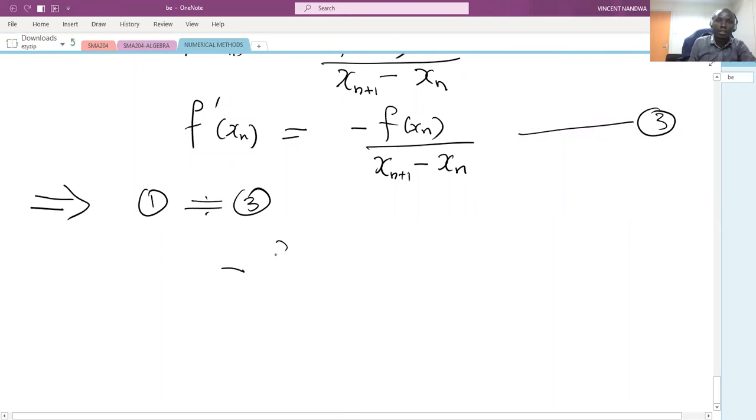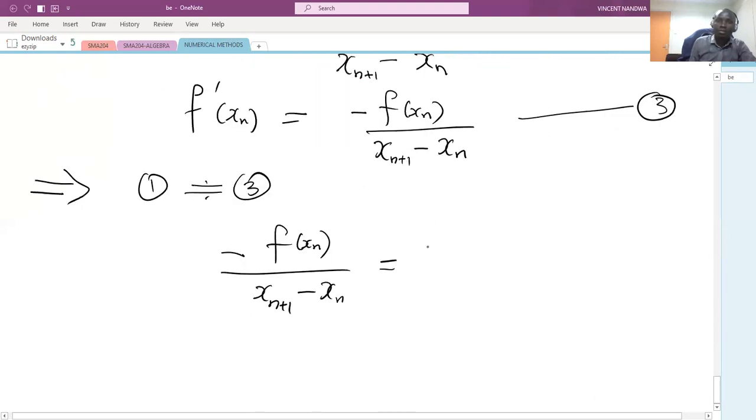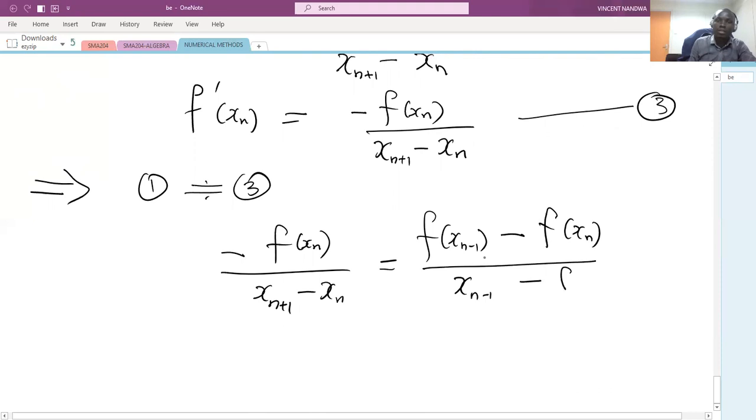So this will be minus f of xn divided by xn plus 1 minus xn, equals f of xn minus 1 minus f of xn divided by xn minus 1 minus xn.